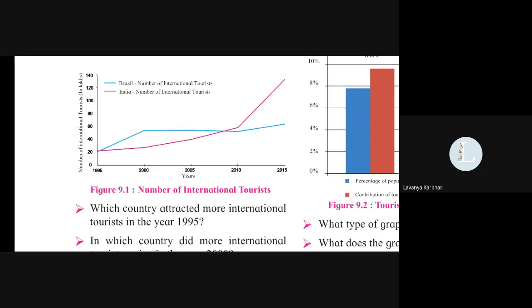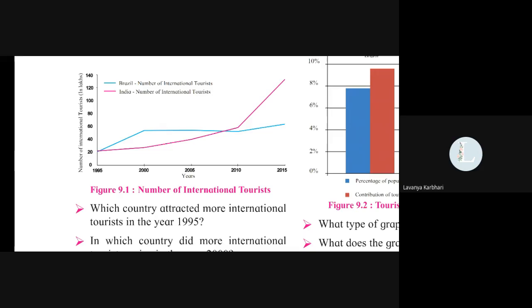The graph was steady for Brazil, and currently also steady. Till 2015, just see the blue line, it is steady. It means in 2000, 2005, 2010, 2015, almost 50 to 60 lakh visitors or tourists come to visit Brazil. But for India, the graph remains stable or constant from 2005 to 2010.